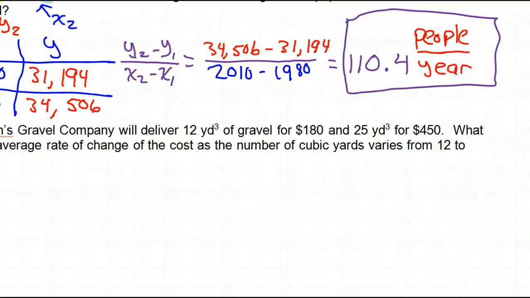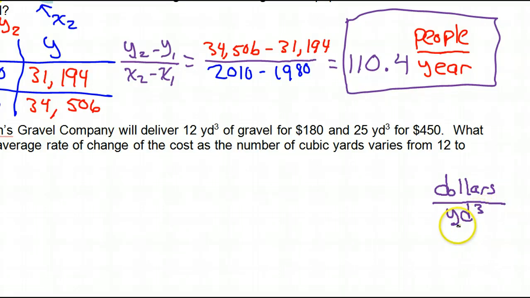Okay, so in the end, we want our units to be dollars per cubic yard. By the way, that's how this is read. Don't say yards cubed or yards to the third power. They're saying a cubic yard.